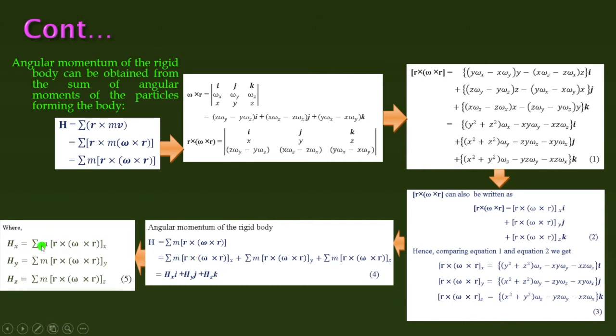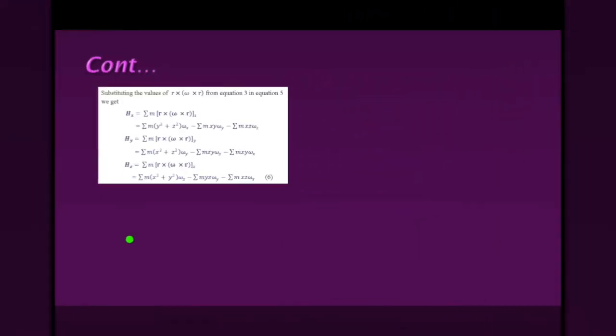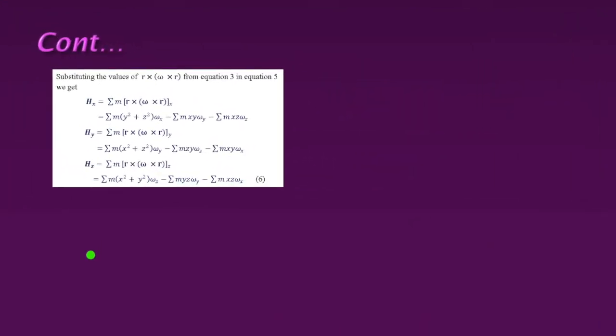So from here you can write Hx equals this, Hy equals this, and Hz equals this. These are the three components of angular momentum. Substituting the values of r cross omega cross r from equation 3 in equation 5, we get Hx equals this, and similarly Hy equals this and Hz equals this after simplification.